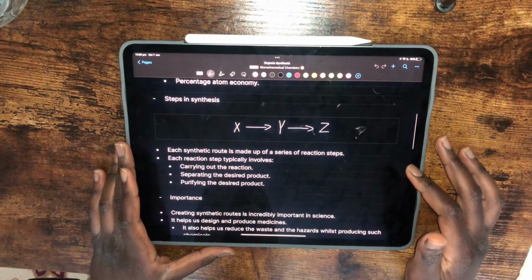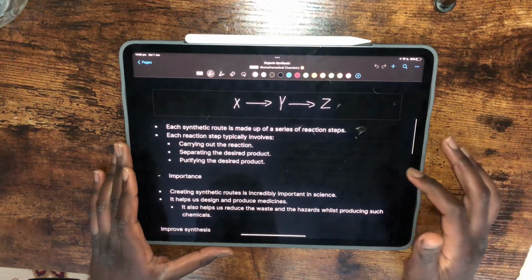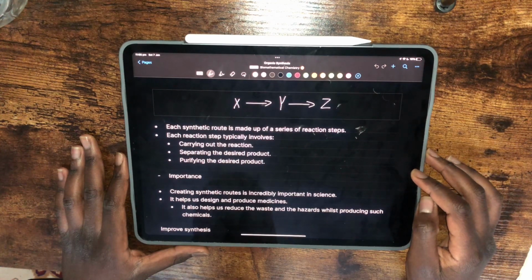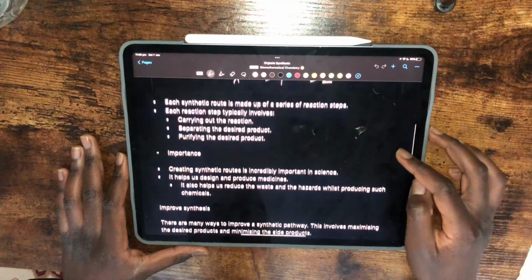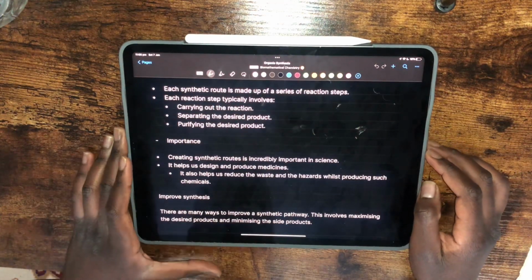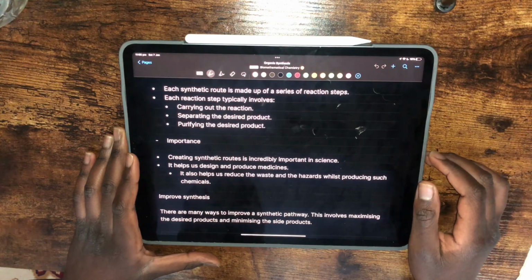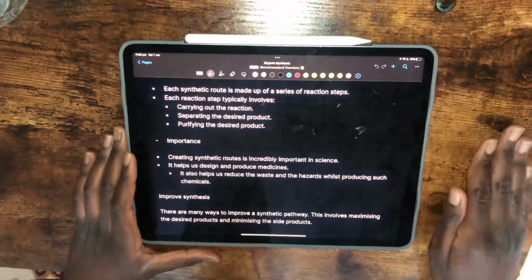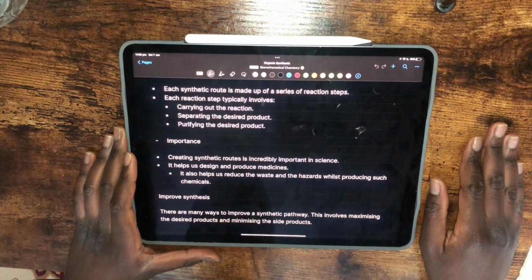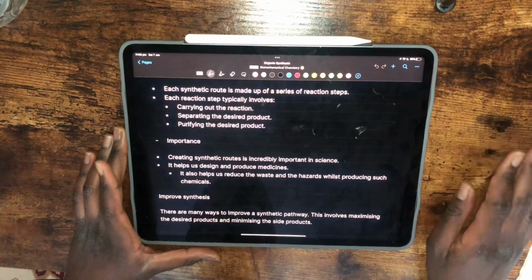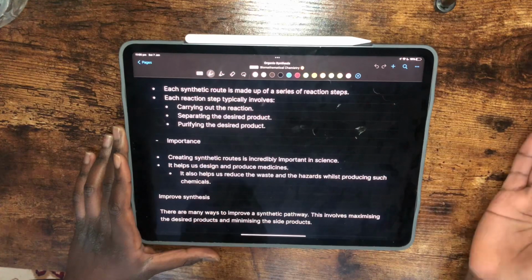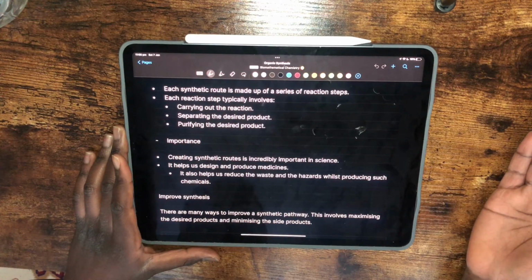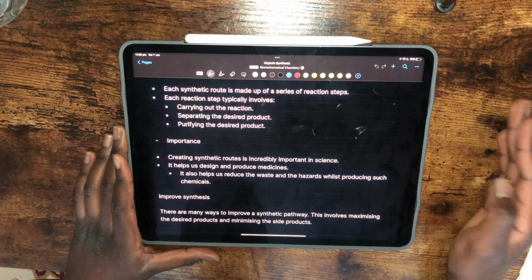So each synthetic route is made up of a series of reaction steps. Each reaction step typically involves carrying out the reaction, separating the desired product, and purifying the desired product. I'm pretty sure it's self-explanatory. Thinking about crystallization, for example, if we want to make sure that we don't include the impurity of water, at the end of it we'd pat down, or blot down, our dry crystals with dry filter paper.